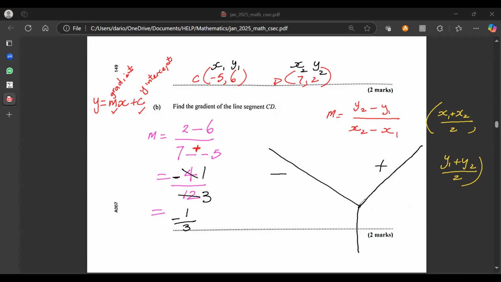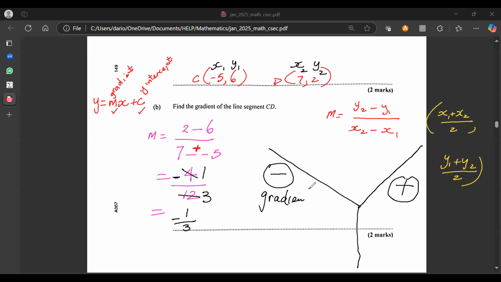So it's like a little Y. This is my Y. This has to do with gradient.